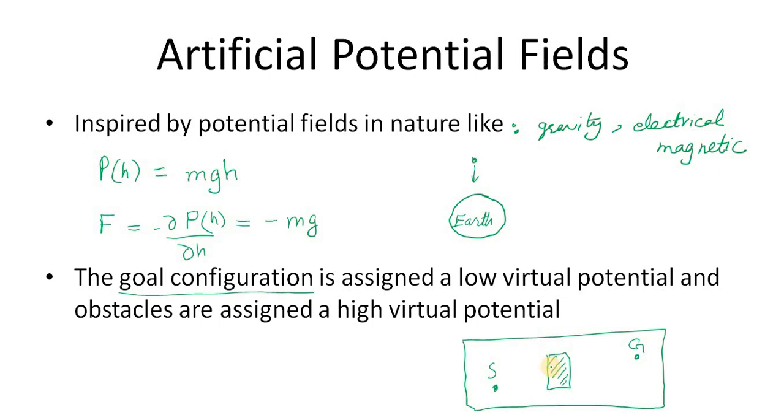And the obstacle will have a repulsive effect on the robot. So when the robot experiences an attractive force toward the goal, and it reaches near the obstacle, it experiences a repulsive force, and then it will try to navigate toward the goal. So there is a combined effect of attraction and repulsion.